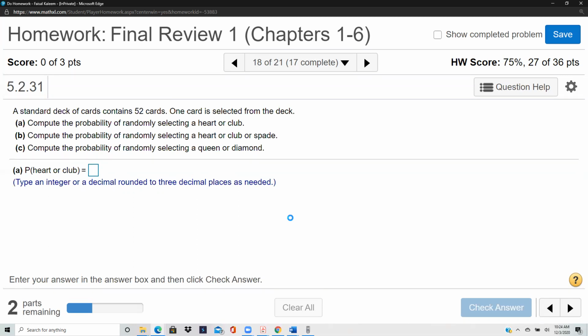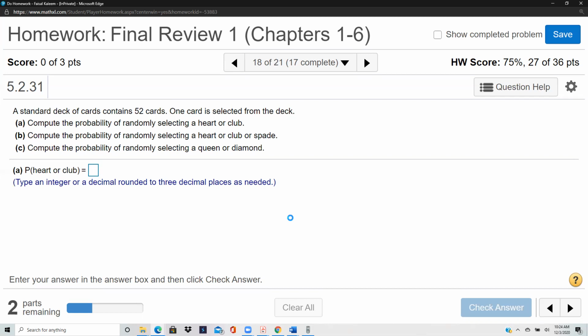So how many hearts do we have? Is it 4? You have only 4 hearts? Isn't it 13? Oh, whoops. Okay, it's 13. Even human beings don't have 4 hearts. Right?